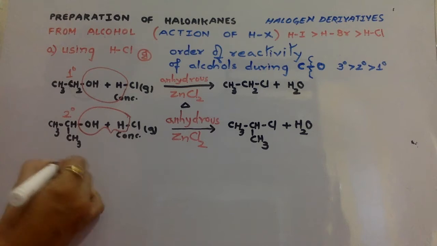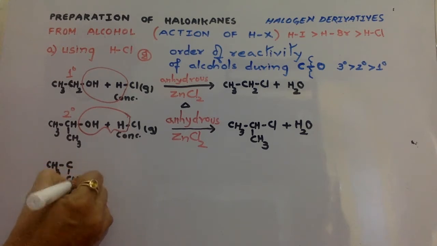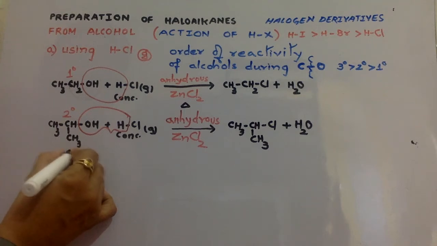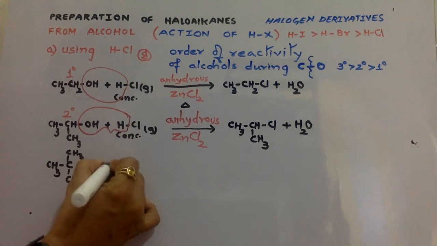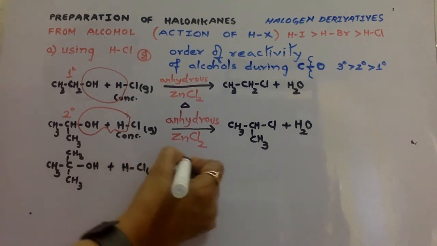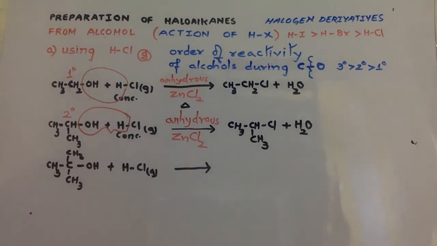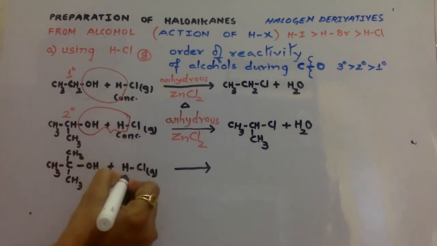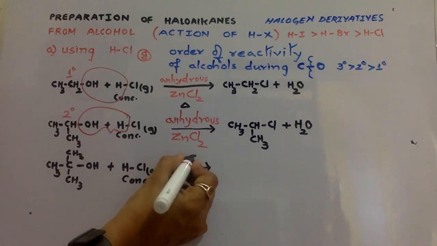Since tertiary alcohol is most reactive, the tertiary alcohol reacts simply by shaking with HCl, which is concentrated, at room temperature.